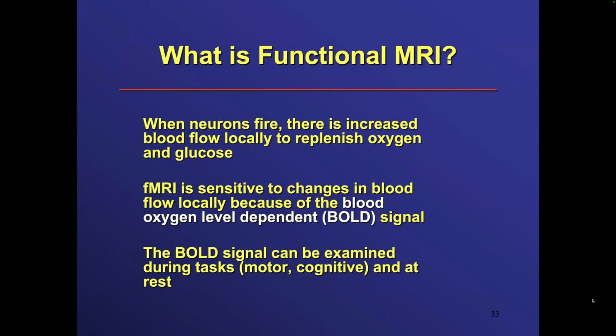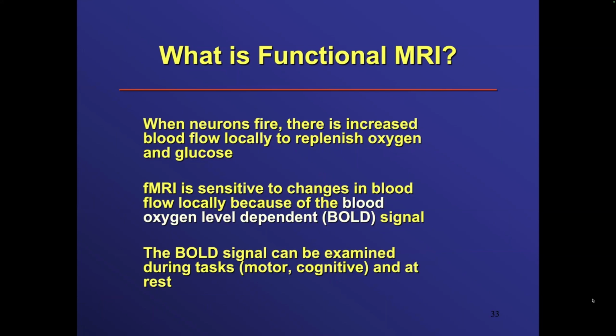And as oxygen is metabolized, that signaling changes between the deoxyhemoglobin, or the blood flow that has less oxygen, and the oxyhemoglobin, the blood flow that has more oxygen. And that ratio changes the signal that we're going to get across the brain. And so we can track where there's more neuronal firing and less neuronal firing based on blood flow. And again, I'll spend more time on that in the next module.